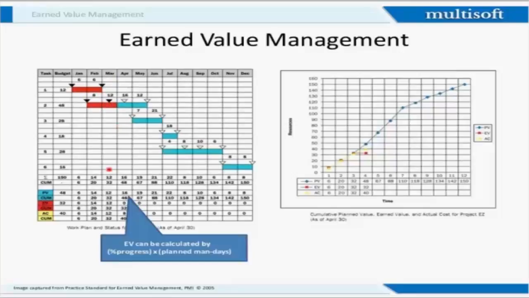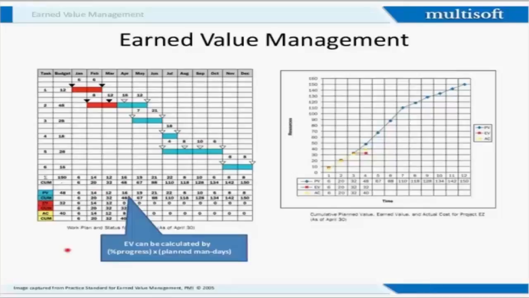So if you see, the planned value is 6 plus 8, which is 14. Cumulative is 8, 6, 14 plus 6, 20. So my cumulative values are also mentioned. Planned value is what was anticipated to be planned.